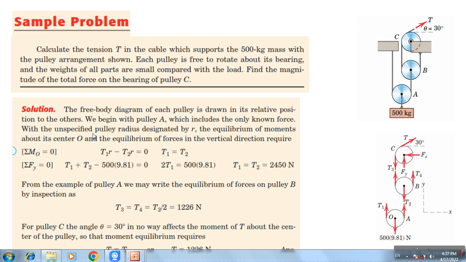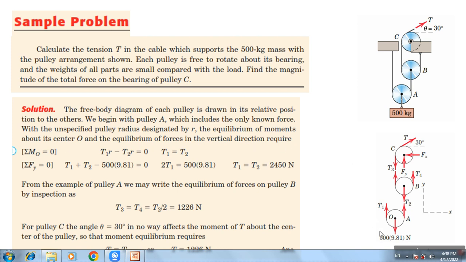With the unspecified pulley radius designated by R. So I don't know what the radius of these pulleys is, so I designate it by R. I will put the radius for each pulley equal to R. The equilibrium of moments about its center O, and the equilibrium of forces in the vertical direction are required.